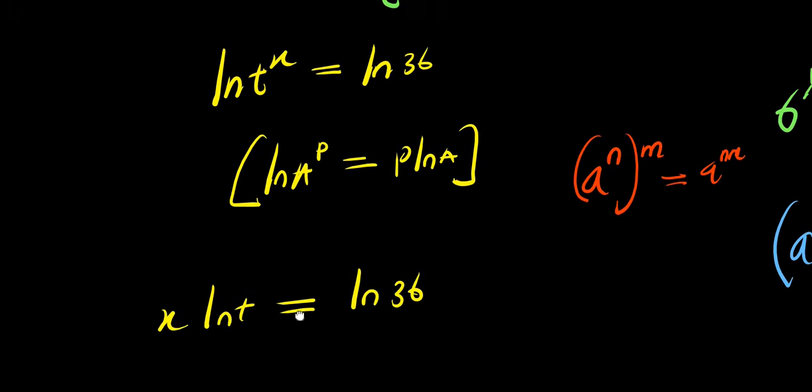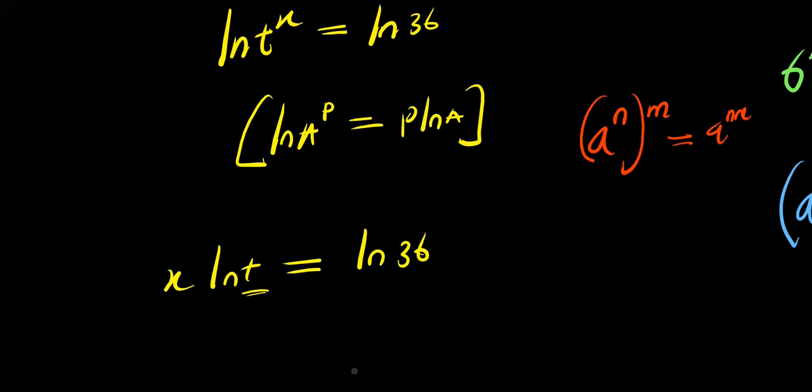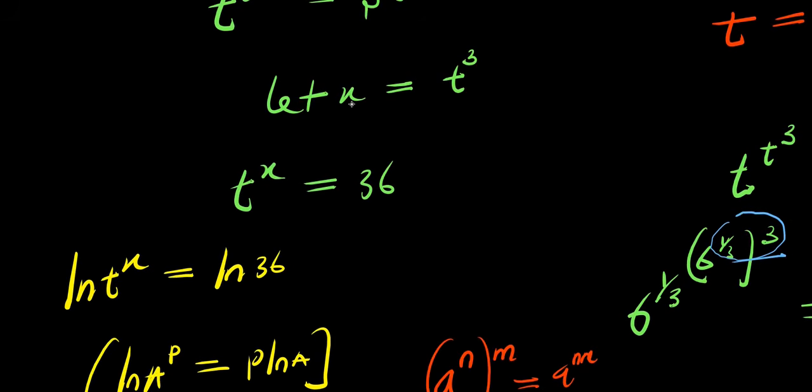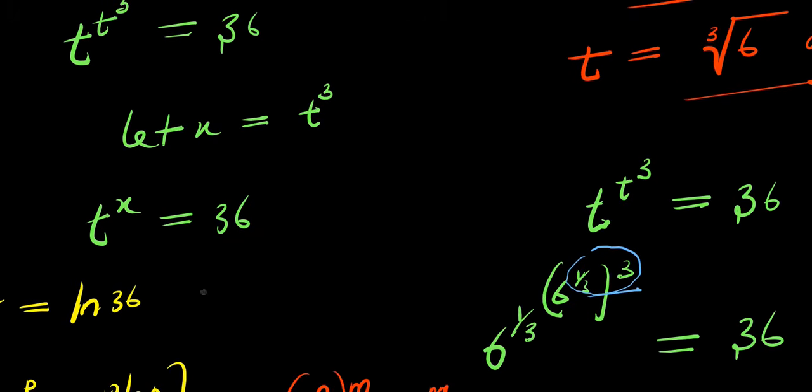Now, I can decide to express this in terms of x, going back to this equation. Remember, t power x equals 36 or x equals t power 3. From here, I can solve for t.